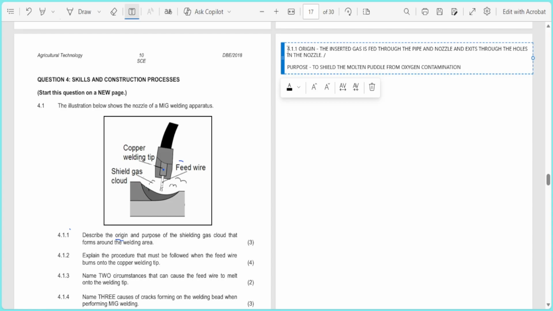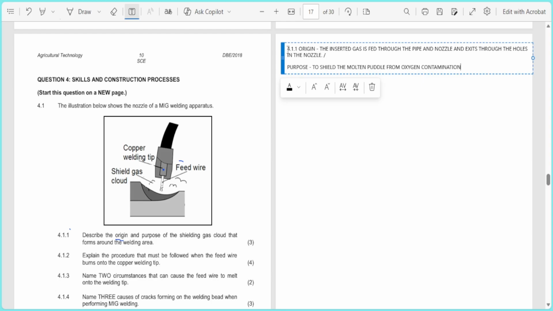Perfect. Let me try breaking this down a little bit. Now, the shielding gas is typically a mixture of argon and carbon dioxide, which comes from the cylinder of the MIG apparatus and travels through the welding torch and creates a cloud that is actually not visual. It's somewhat invisible.